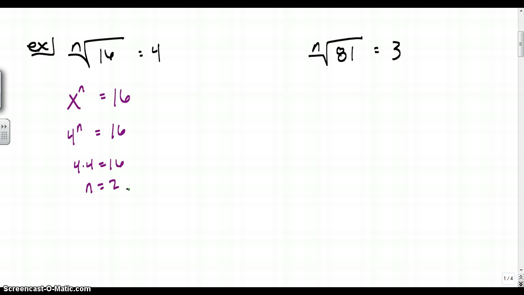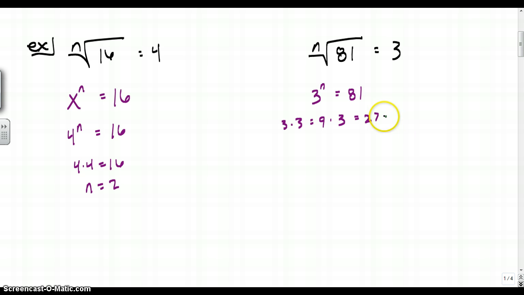The next example, we're going to do the exact same way. I know that 3 is what this is equal to. The nth root of 81 equals 3. So 3 times itself n times equals 81. So I'll write this as 3 times 3. That's 3 squared. That gives me 9. That's not enough. So multiply by 3 again. 9 times 3 is 27.